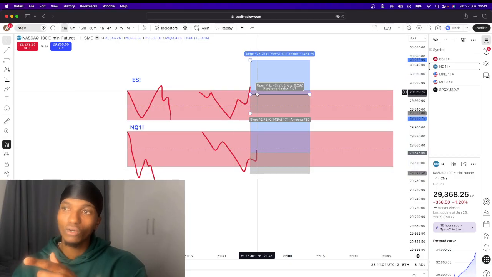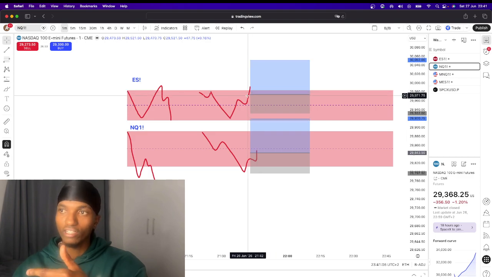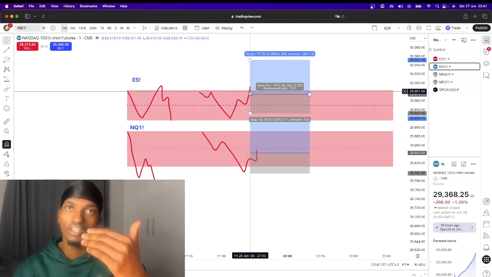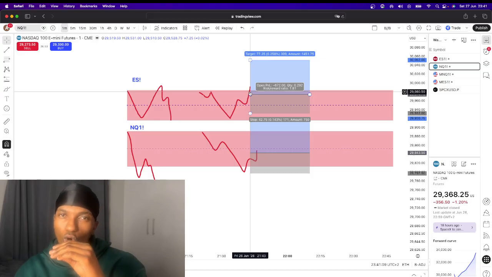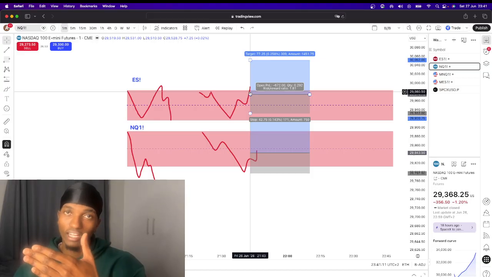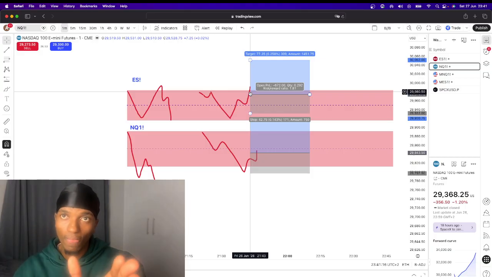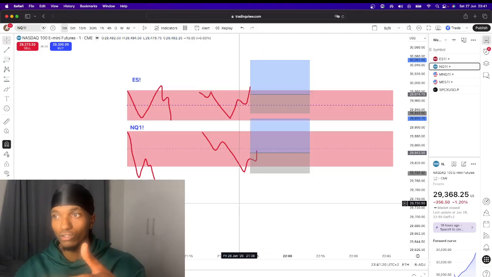However, if you're trading on ES, your stop loss won't be hit very fast. Why? Because it is leading to the upside, meaning for it to go down, it is slow and lagging. It is lagging going downwards, right? But going upwards, it is very quick, right? Same goes for NQ.